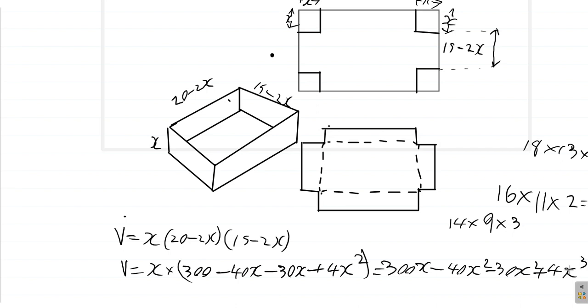That is what you would have. So, the volume equal, let's put the highest power of x first. You have 4x cubed, negative 40x squared minus 30x squared, that would be negative 70x squared, plus 300x. All right, you see that?